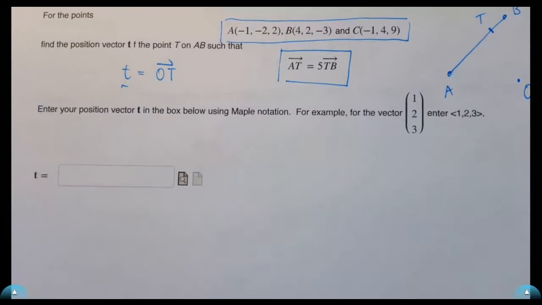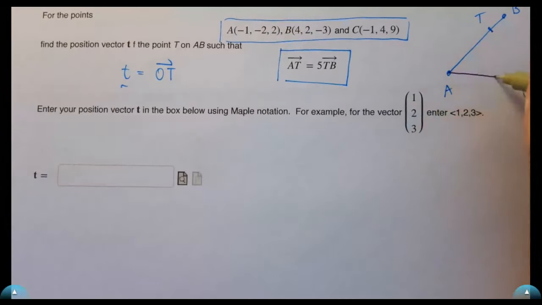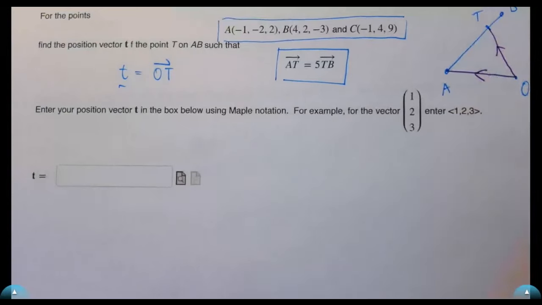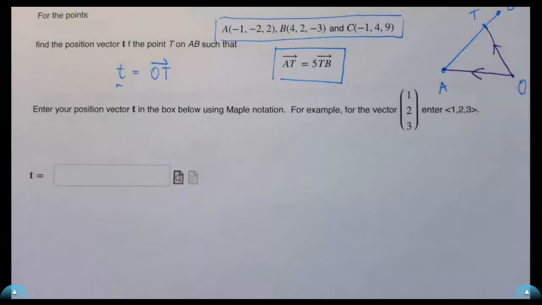So to compute this, let's draw in some of these vectors. This is what we want. We can get a T in terms of the vector AB.